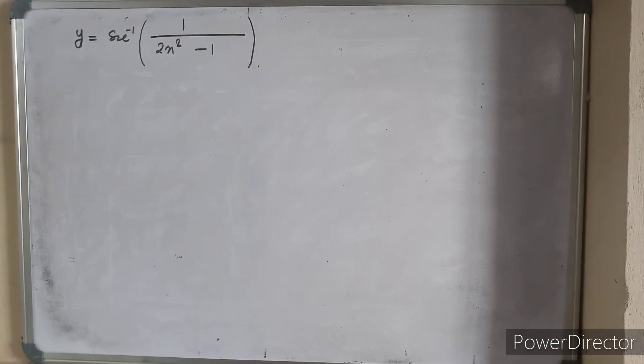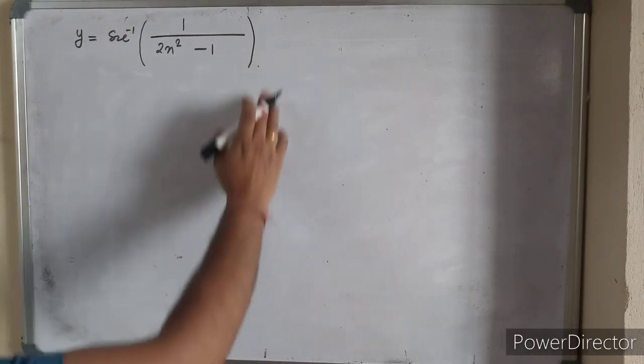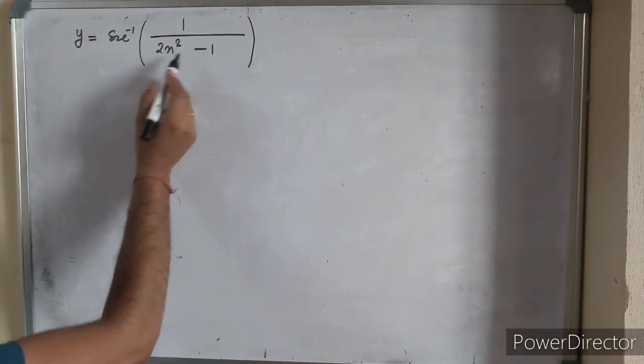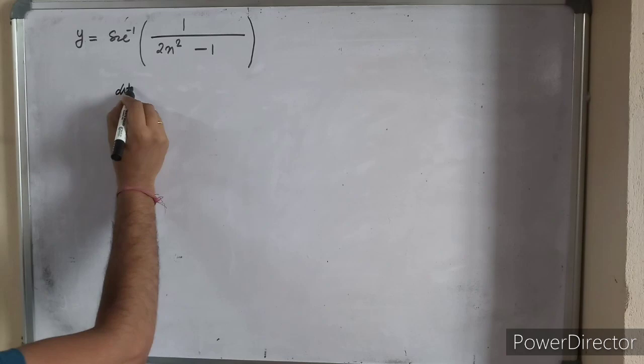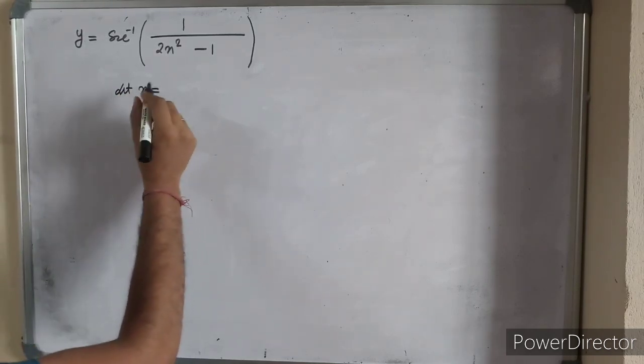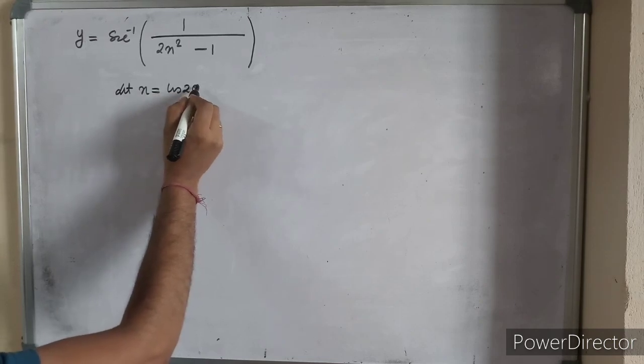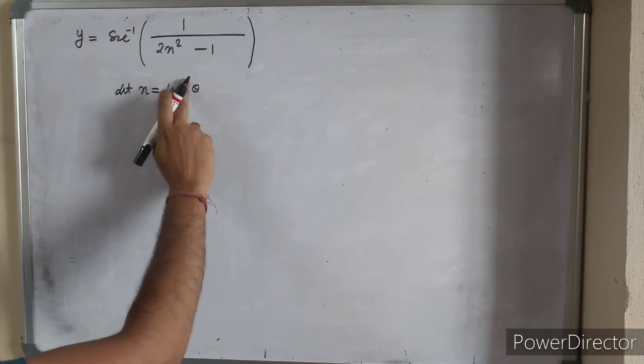Now y is equal to sec inverse of 1 by 2x square minus 1. If it is 2x square minus 1, you have to remember that x equals cos theta. I'll consider cos theta.